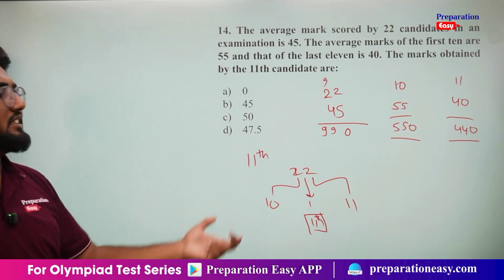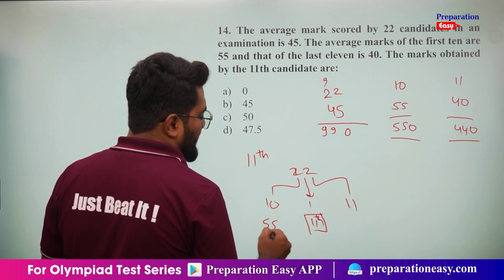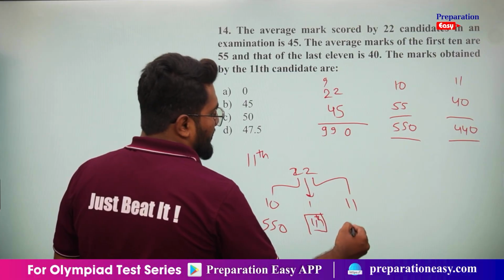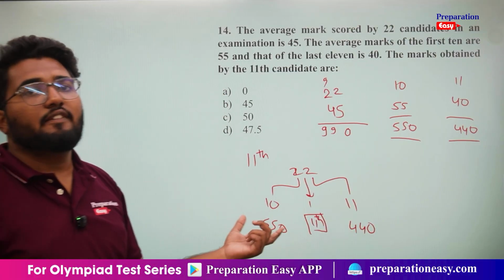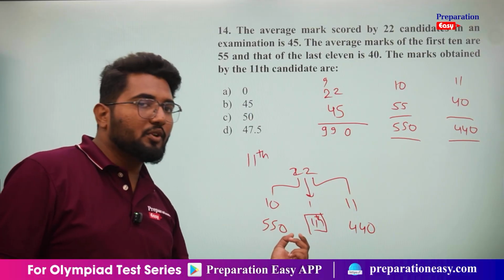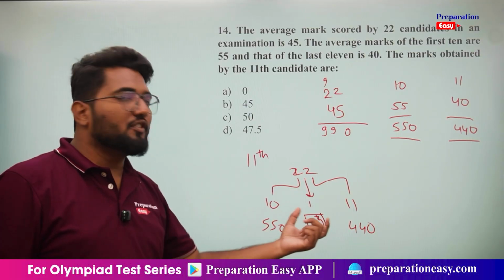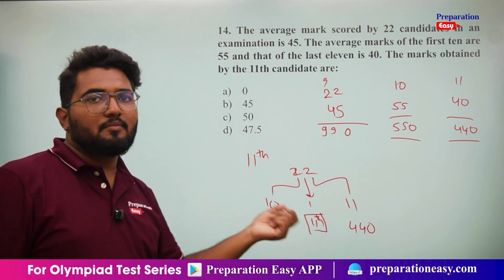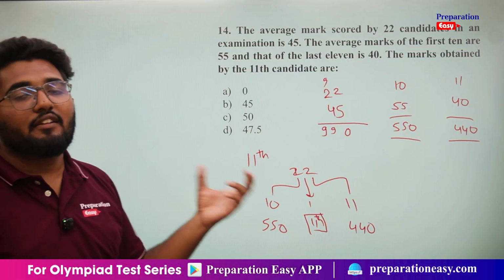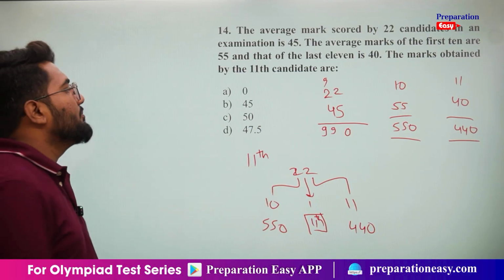So first 10 candidates' total marks are 550. Last 11 students are 440. So how much marks does the 11th student get? We have to add both and subtract from total marks, that is 550 plus 440. It will become 990, and 990 minus 990 will become 0. So the 11th student got 0 marks.